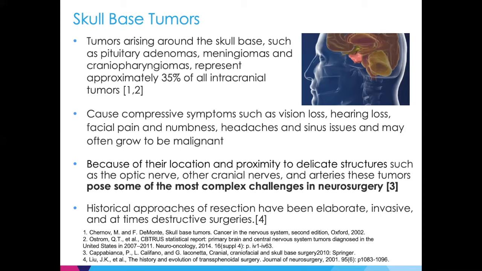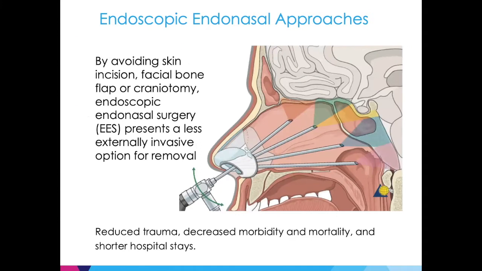So neurosurgery of this is complex and has in the past been elaborate and invasive and required craniotomies. But there is an approach that is endoscopic, using an endoscope, a device that shines light into the cavity in which the surgeons need to do their resection, and it is inserted endonasally, so there are no skin incisions.